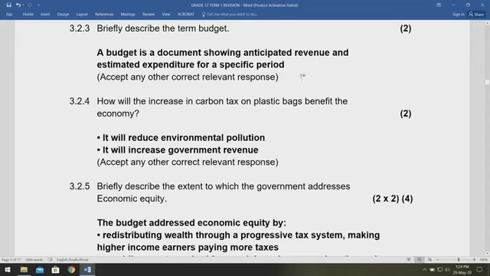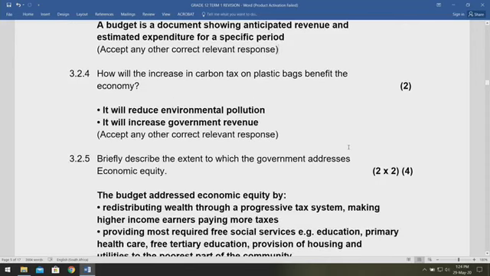And we acknowledge that. Right, 3.2.4, how will the increase in carbon tax on plastic bags benefit the economy? So obviously we already know the reason that this was instituted is to fight the scourge of the pollution that we're suffering with.